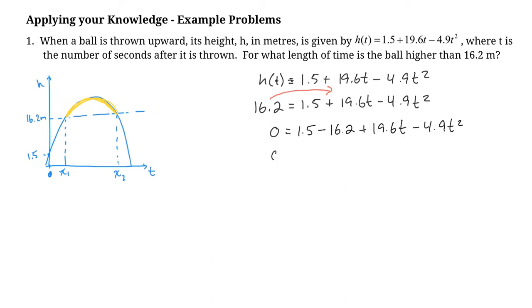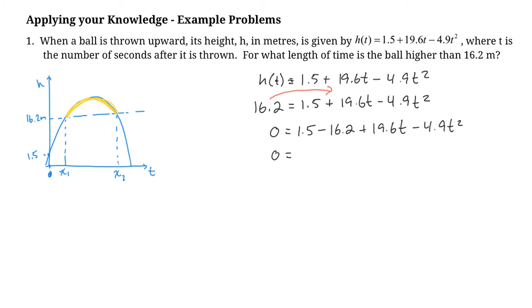And let's combine that 1.5 and subtract 16.2, and we're going to get negative 14.7. And you know what? Let's actually rearrange this so that it's in standard form.